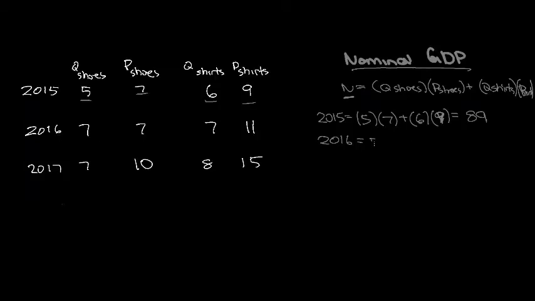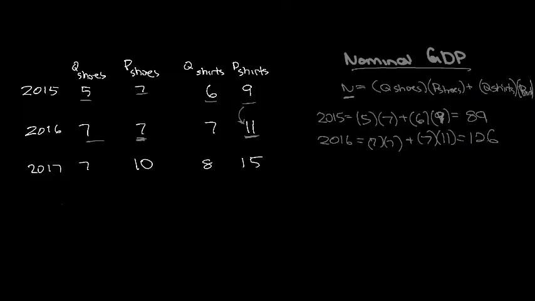So 7 is the quantity of shoes times 7, which is the current 2016 price of shoes, plus the quantity of shirts, which is 7, and the price of shirts, which is 11 now. See, the price has increased, and you would measure that price increase by also including it in the equation.